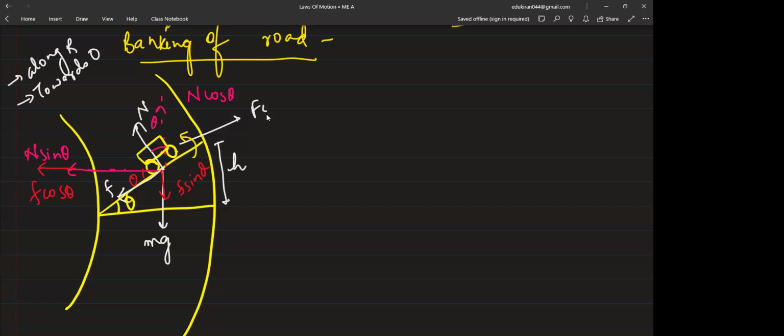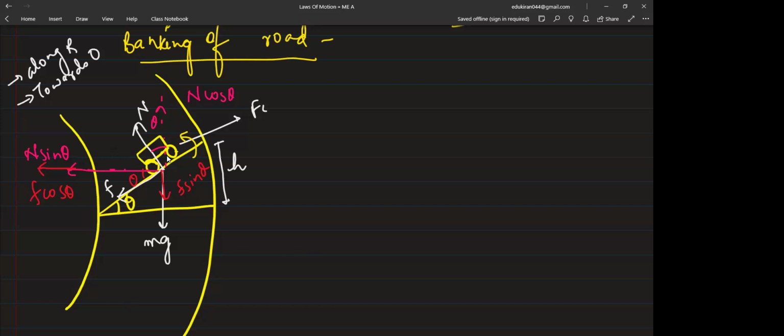That portion will be elevated, and the other portion will be a little declined. This is the manner in which the car will be moving till the point the banking has been done. Banking means you have raised the road to certain angles.